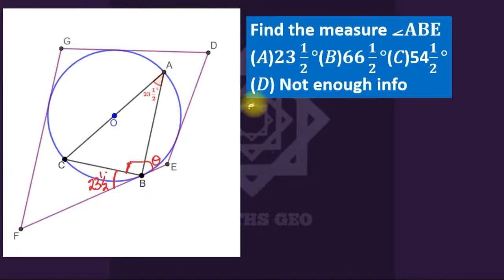So the first thing I noticed is that angle ABC is 90 degrees based on Thales theorem.